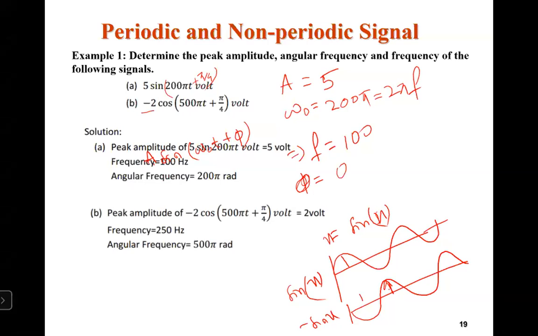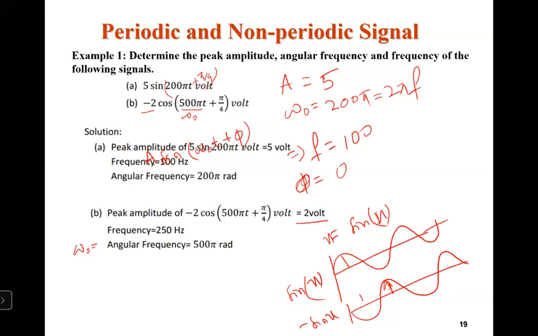Okay, I hope you can calculate all these things. The amplitude is 2 volt. For the frequency, omega 0, the angular frequency, is 500 pi, because this one is your omega 0.